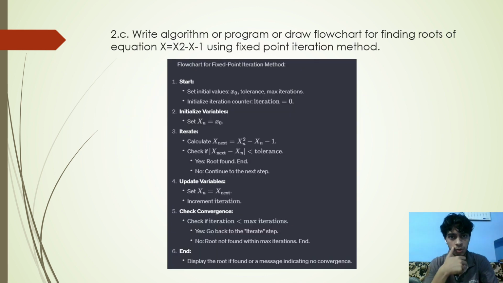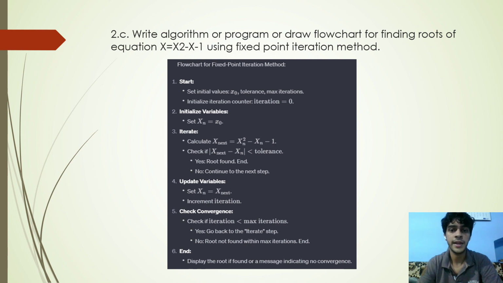Write an algorithm, program, or draw a flowchart for finding the roots of the equation x = x² - x - 1 using the fixed point iteration method. So here is the flowchart. We start with the start: set initial value x0, tolerance, and max iteration. Second, initialize the iteration counter equal to 0. Then initialize variables, where we set xn to x0.